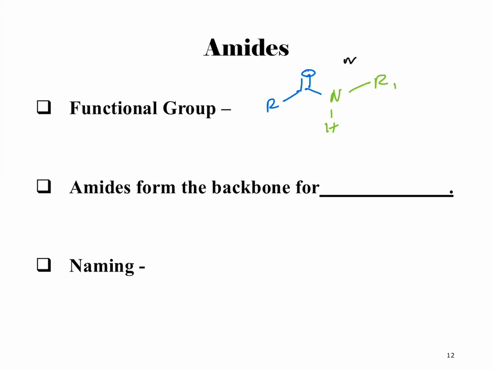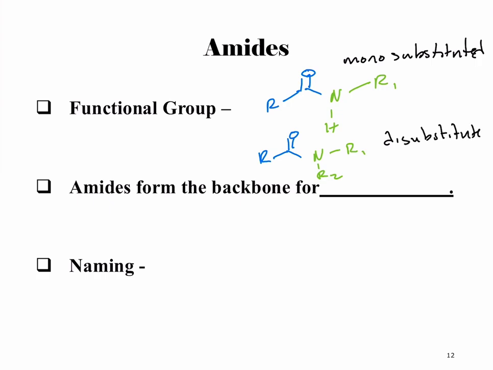This would be a monosubstituted, and this would be a disubstituted amide, with R1, R2. Can you guys see why one is monosubstituted and one is disubstituted? Yep, it's the R groups, right?